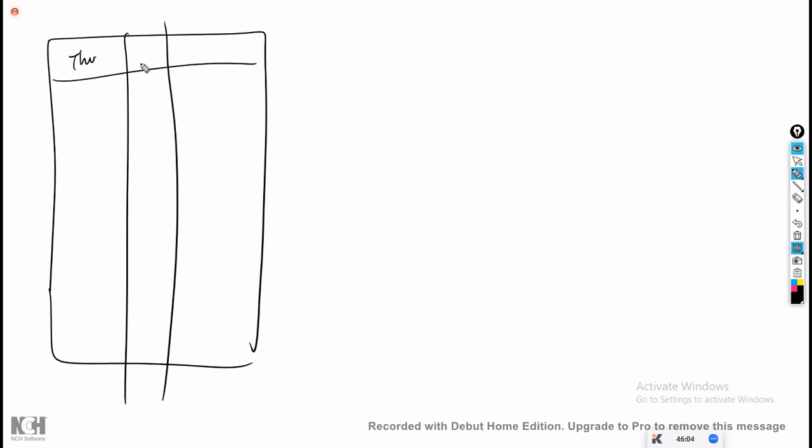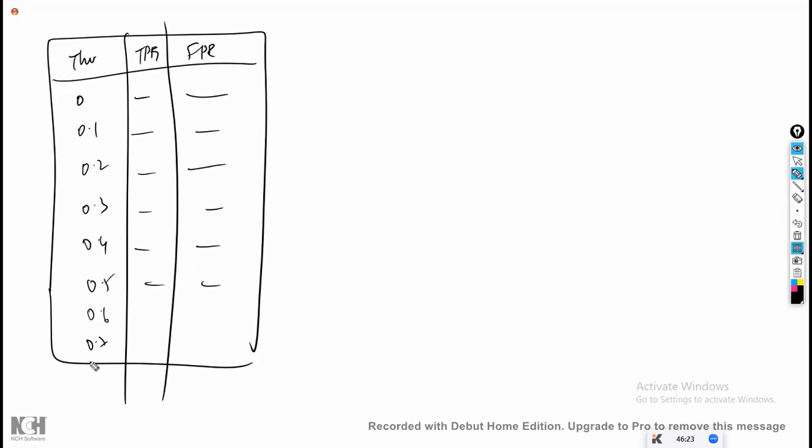For each threshold, separately TPR and FPR. For a threshold of 0, I'll have 1. For 0.1, TPR and FPR. For 0.2, TPR, FPR. For 0.3 threshold, like this. Then 0.6, 0.7, 0.8, 0.9, and 1. I'm going to have a total of these values.